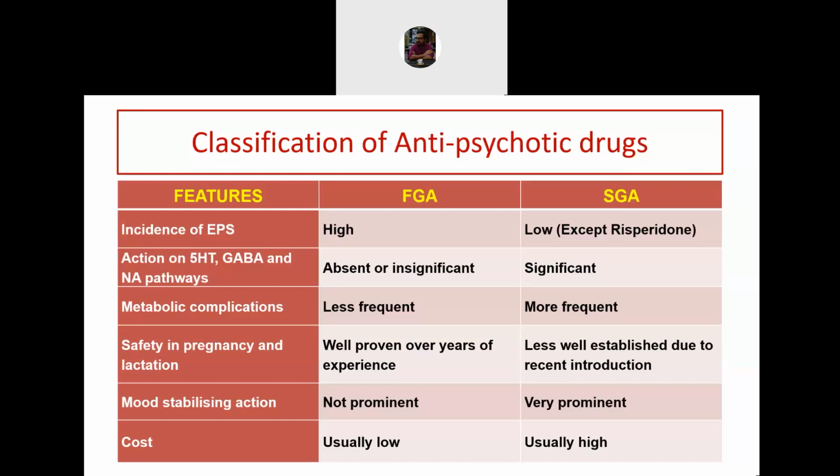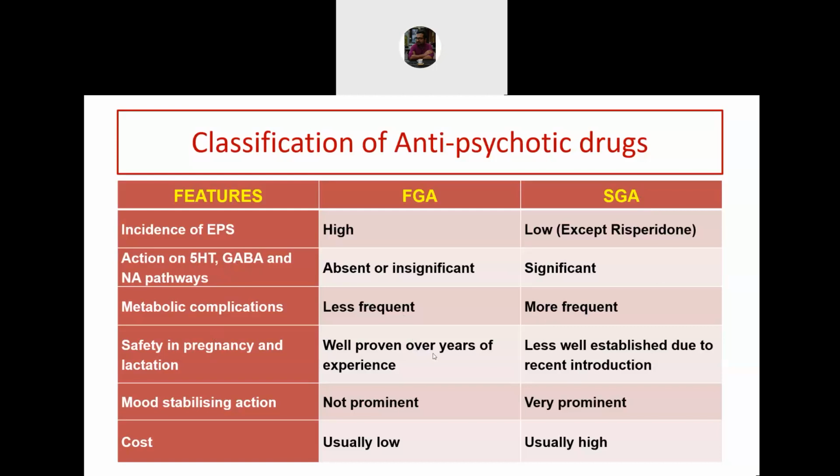Now, the additional differences are second generation agents have prominent action on other neurotransmitters like serotonin, GABA, noradrenaline, glutamate. The second generation agents increase appetite and body weight, and that is why they have metabolic complications like type 2 diabetes mellitus and dyslipidemia.